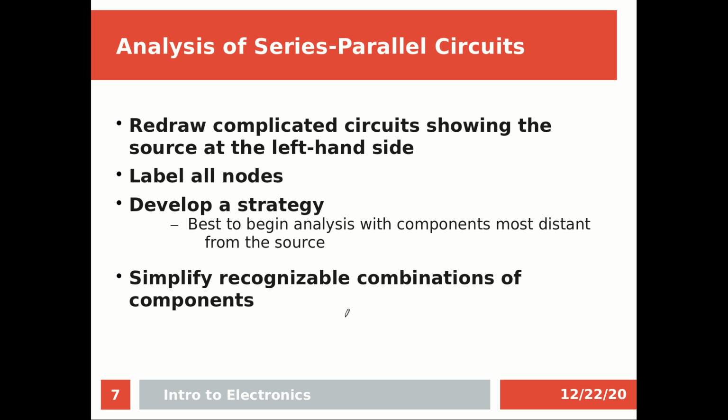To analyze it, you redraw the complicated circuit as shown and label all points, and it is best to begin with the component most distant from the source. So you start from the component that is away from the source and simplify until you end up with one equivalent resistor that has the same terminals as the voltage source.